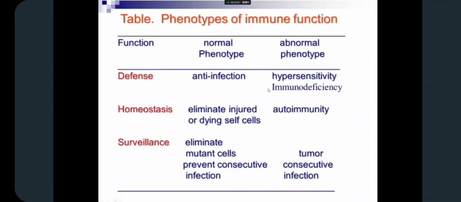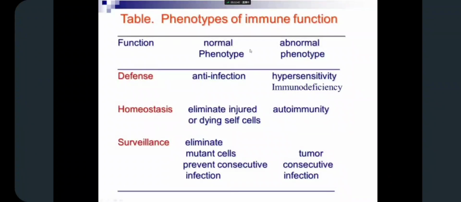So you can see normal phenotypes, for instance, show anti-infection, but abnormal is hypersensitivity or immunodeficiency disease. Normal phenotype may be clearing injured and dying cells, but abnormal may be autoimmunity.